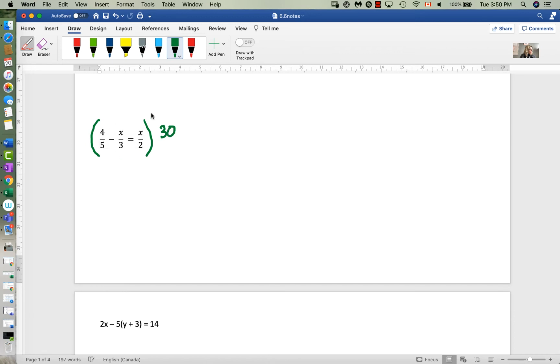And so if we do that, and then we spread that across all 3 terms, so 4 over 5 times 30 minus x over 3 times 30 equals x over 2 times 30.